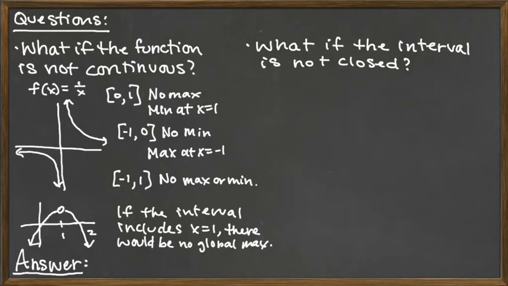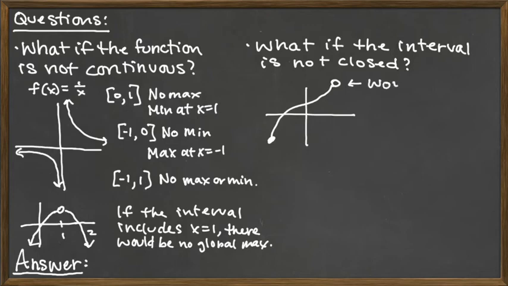And in some sense, the question of what if the interval is not closed is very similar. Because if we're looking at a picture that would have a max and a min, but we took it away, then we're going to have trouble. Right here we're using the same idea as in the previous example, where it would have been a max, we have an open circle instead.